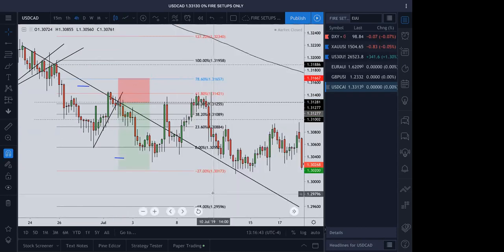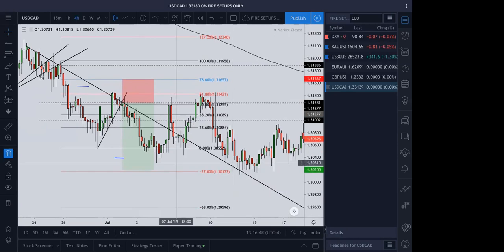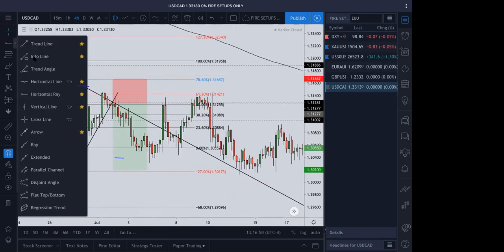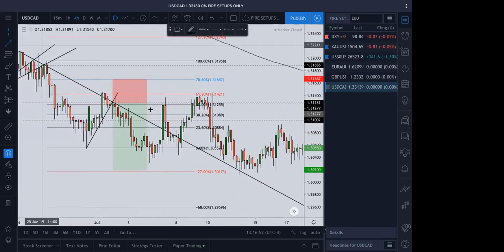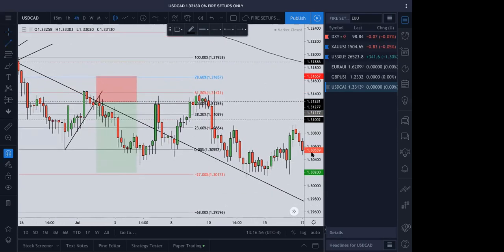Okay, so after the price starts to continue to the downside, what do you need to do? Say it, please. Follow with the trend line. Yes, follow the move with the trend line. So basically, we are targeting the minus 27, but we know the price can change anytime. So we need to follow with the trend line.